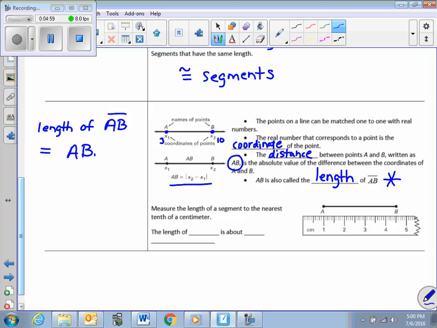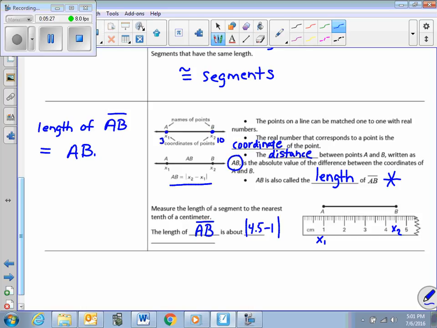All right, let's measure the length of a segment to the nearest tenth of a centimeter. The length of segment AB is about, and how do we do that? Well, we take the x sub 2. So here's our second coordinate. Here's our first coordinate. So we've got to take the absolute value of x sub 2, that's about 4.5, minus x sub 1, which is 1.